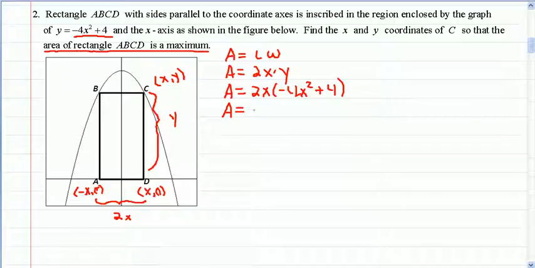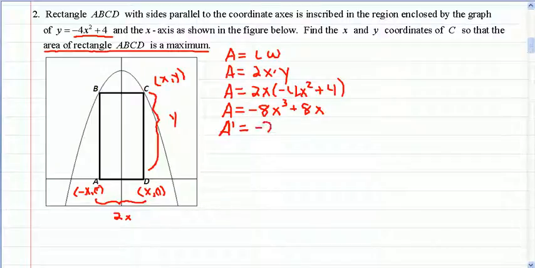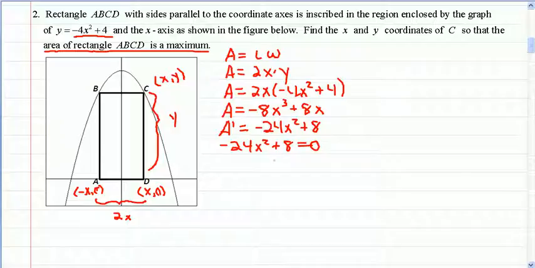So that area is equal to negative 8x cubed plus 8x. And so I take the derivative of the area and set it equal to 0. And solve for x.